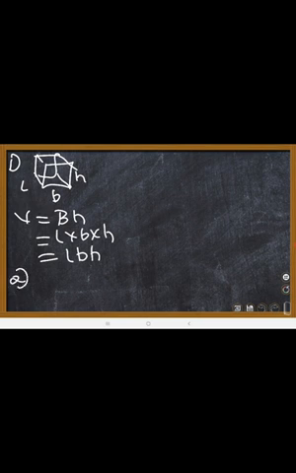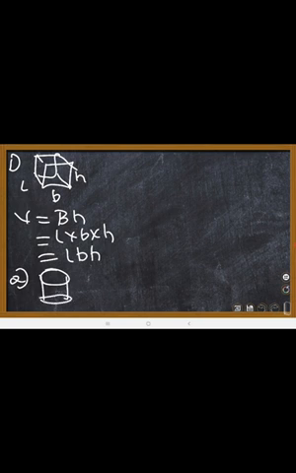Number 2, let's consider the volume of a solid with uniform cross section. When you are talking of a solid with uniform cross section, you are talking of a cylinder, a hexagonal prism, and whatever. So let's take for example the volume of a cylinder.